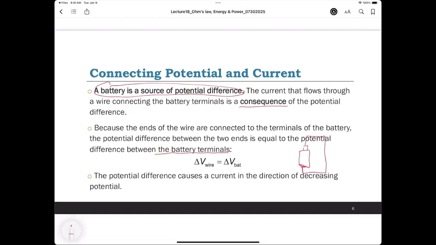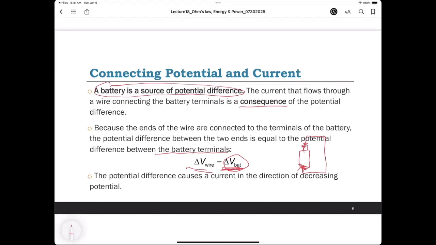The potential difference for the battery and for the wire are actually equal, because the wire has one end connected to the positive and the other connected to the negative. So those two are equal.